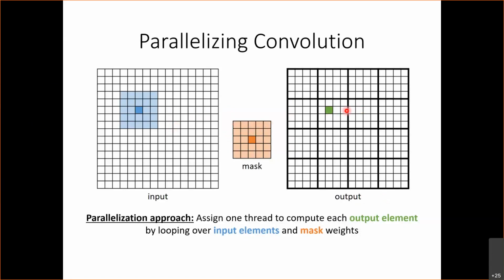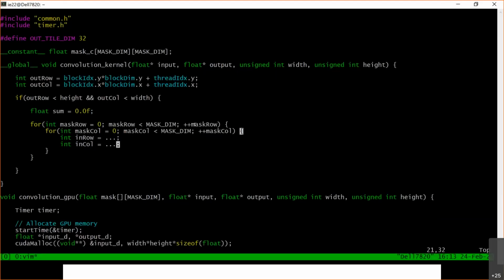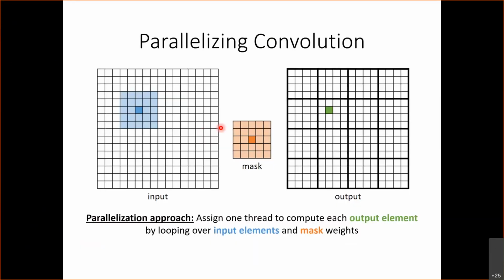But if your output was very small, such that by assigning a thread to every output element you have not fully utilized your GPU, then maybe it becomes worth considering whether you want to also extract parallelism from the mask by parallelizing these two loops as well. But for typical workloads, your output should be fairly large, such that it's not usually worth parallelizing the mask. In fact, you might even want to apply thread coarsening to have every thread serialize multiple output elements instead of only being responsible for one output element.